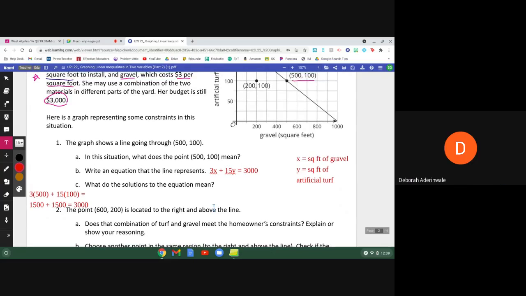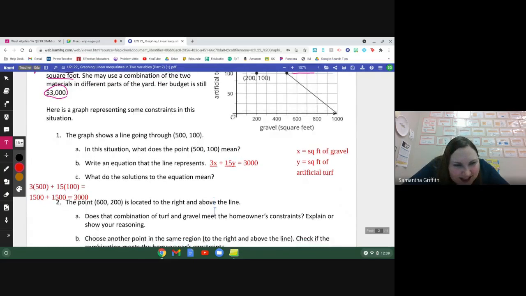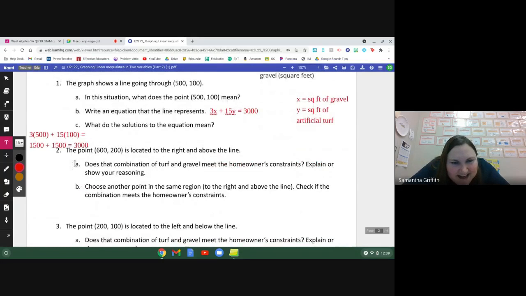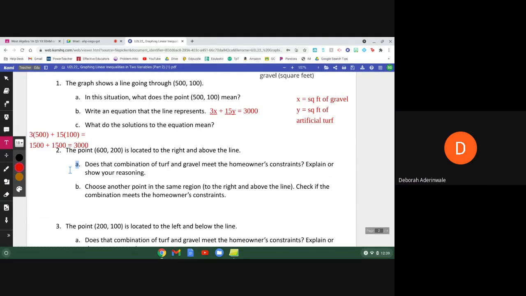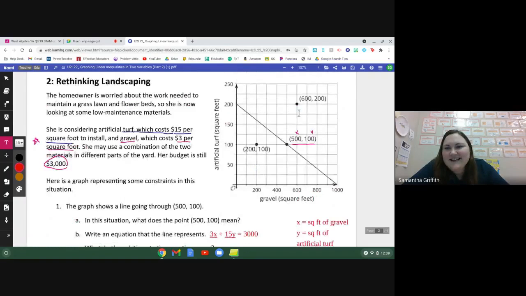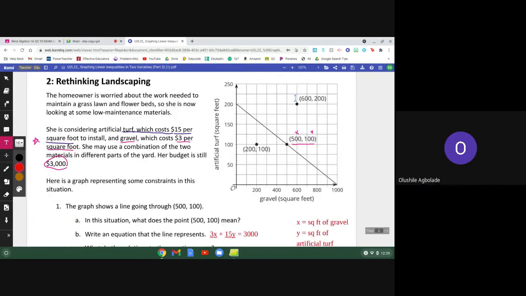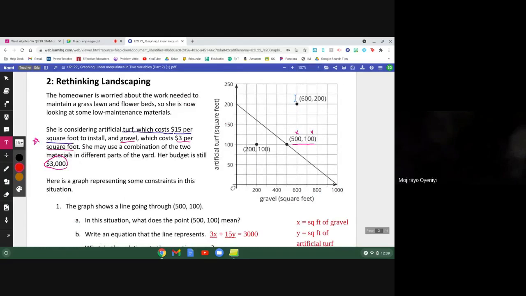Can you say the question again? I'm looking at A right here, which says, does that combination of turf and gravel meet the homeowner's constraints? Yes, it does. I hear a yes, it does. I don't think so. No, that's above the budget.